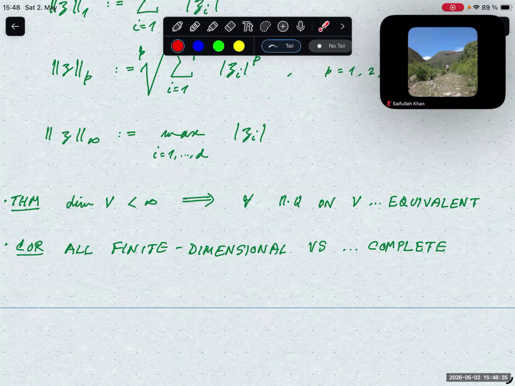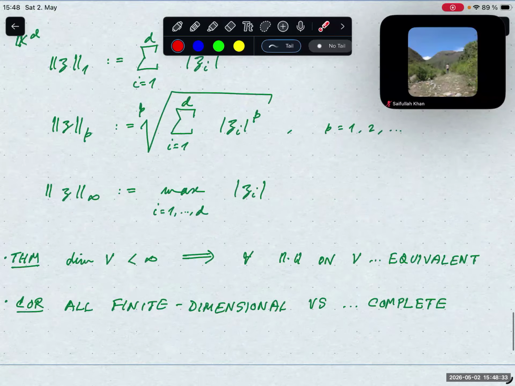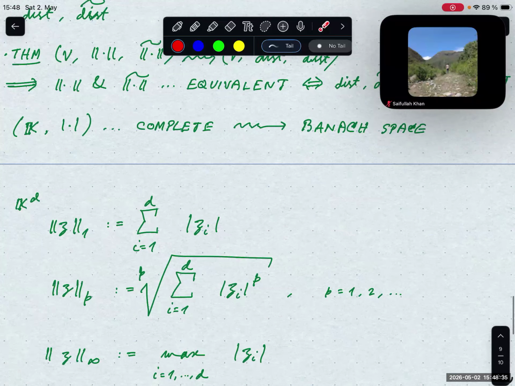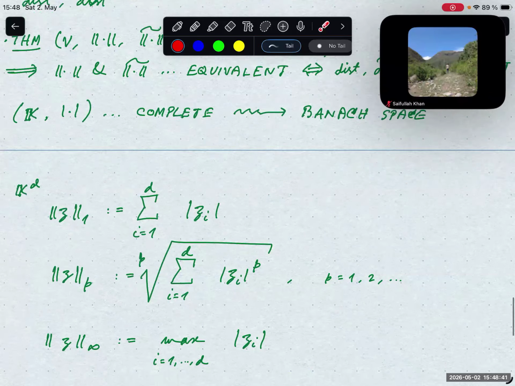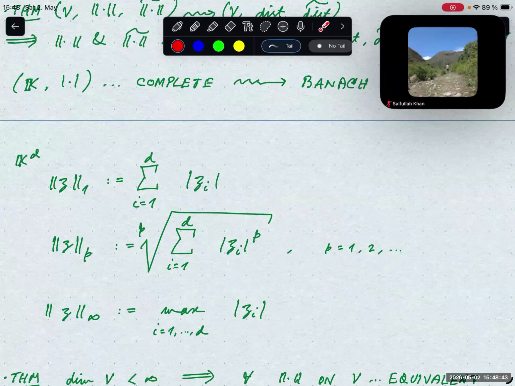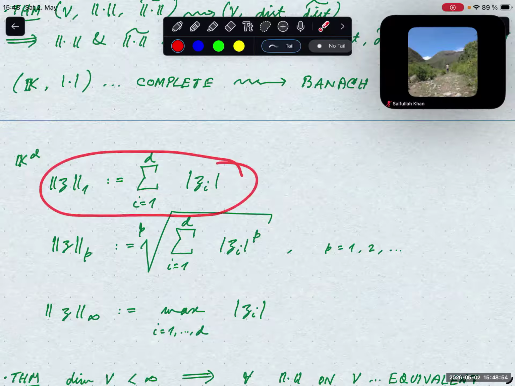So D is dimension. What is meant by multiple norms? D is the dimension of the space here. If D equals 1, then it's just K or C. And multiple norms means you can define several norms in this space. So this is a valid norm. This is a special case of that. I just wanted to motivate, so I wrote this first.